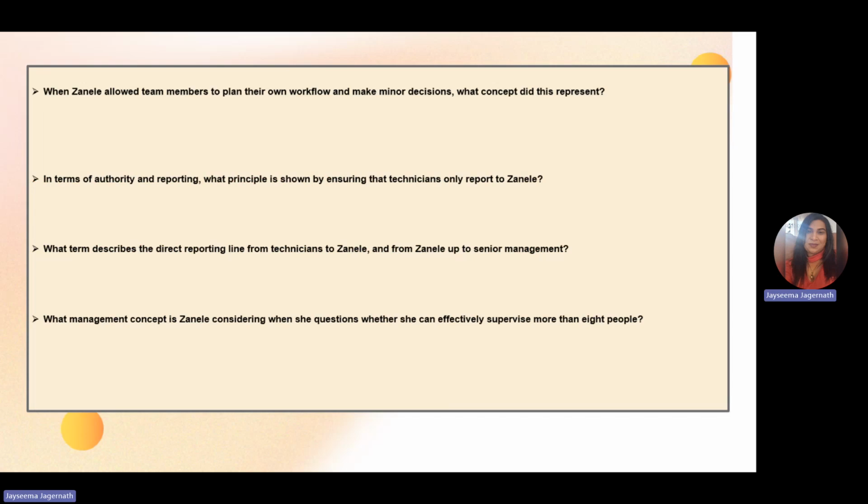When Zanele asked team members to plan their workflow and make minor decisions, what concept was she demonstrating or representing? This is job enrichment. Okay, so job enlargement means the same skill set, you just give additional tasks. With job enrichment, you give employees more responsibility, and so you sort of up their level a little bit.